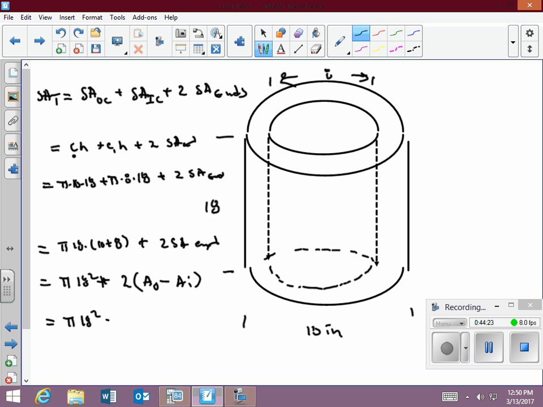The outside is pi r squared, right? The diameter is 10, so the radius is 5, minus pi, where the diameter is 8, so the radius is 4.